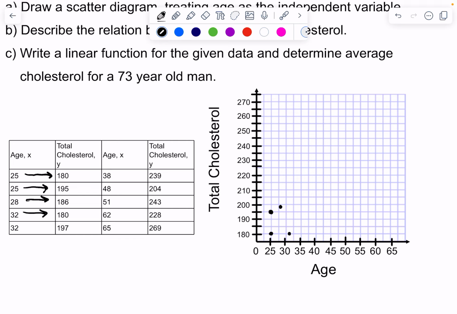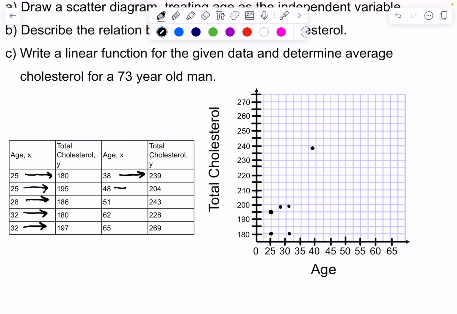The 32-year-old also has 197, which is about here. Then a 38-year-old has a total cholesterol of 239. So 38 is about here at 239. You're looking at about right there, roughly.